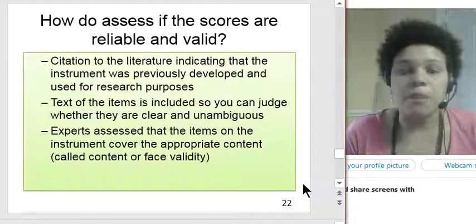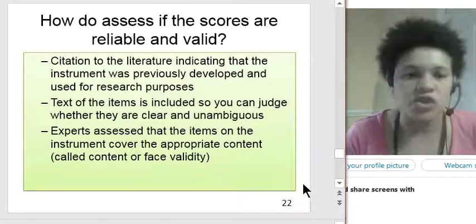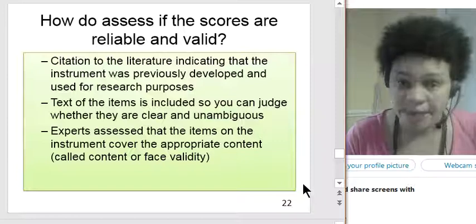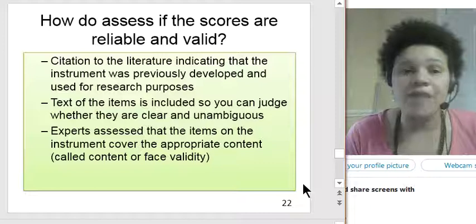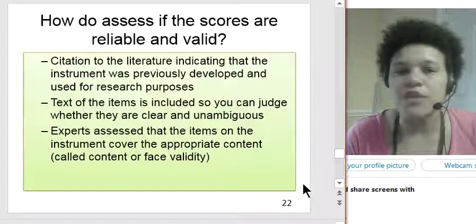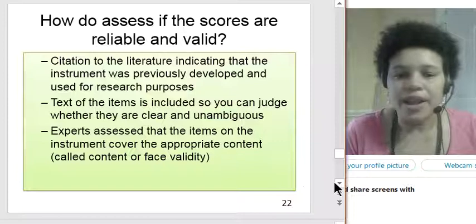They may, and probably should, include the text of the items, at least some of the items, so that you can judge whether they are clear and unambiguous. And often they'll say, particularly if they develop their own test, that experts assess that the items on the instrument cover the appropriate content, and this is called content validity or face validity. And that's another way of demonstrating or arguing that their test is reliable and valid.